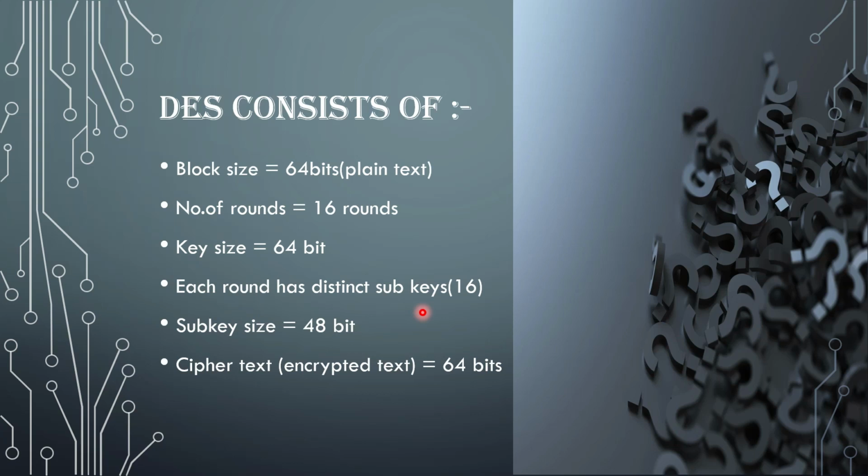So for each round we are going to use that, so that's why we have 16 different subkeys. So the subkey size is 48 bits. So finally the ciphertext is also 64 bits as an output.